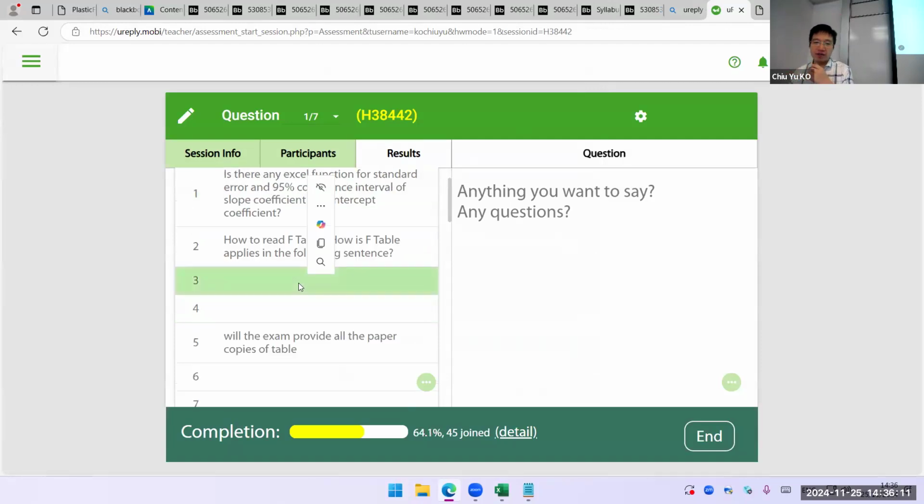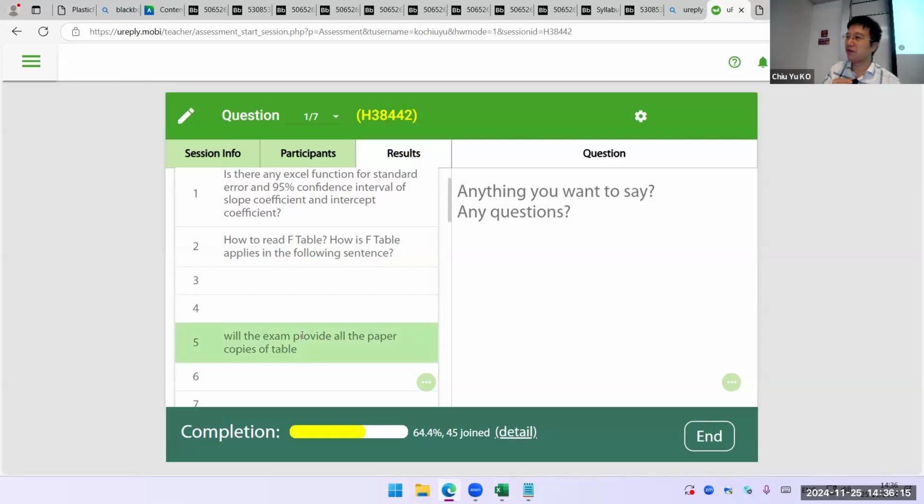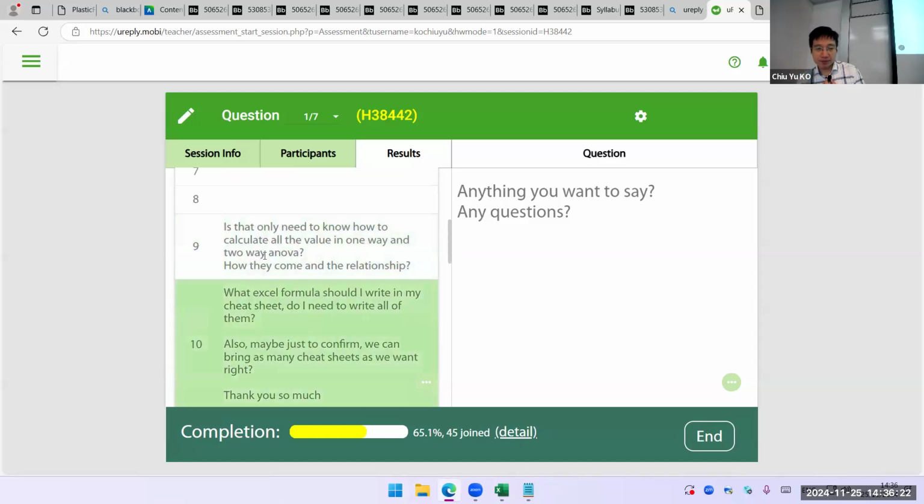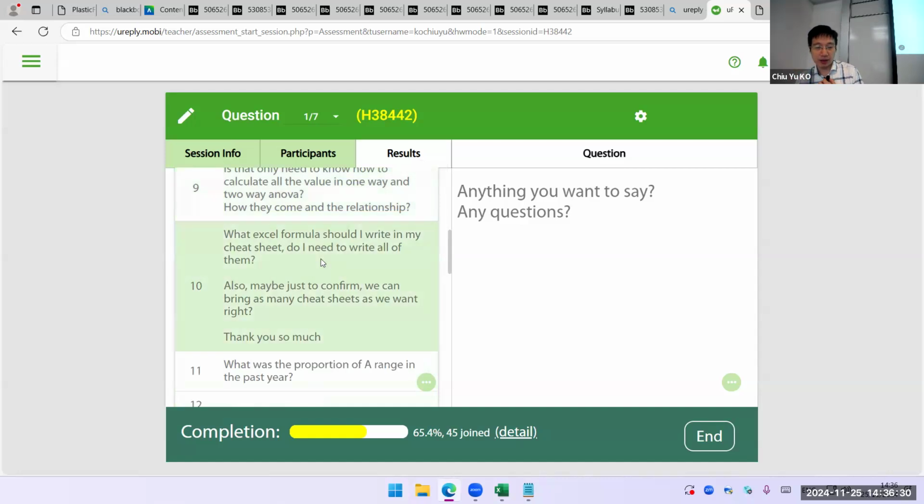In the exam, I will not provide anything. You bring whatever you want, I told you, right? You can bring a photo of your important ones, whatever is fine. Just no sharing. You see the past paper there. What Excel formula?